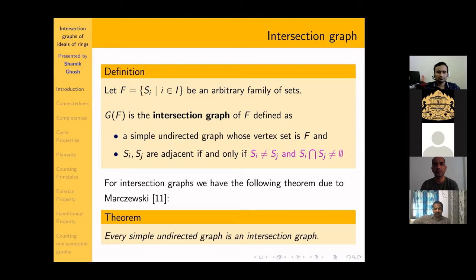If we make it a simple undirected graph, then we may ask what class of graphs we can incorporate with these intersection graphs, and the answer is that it incorporates the universe, that is all. Every simple undirected graph is an intersection graph.